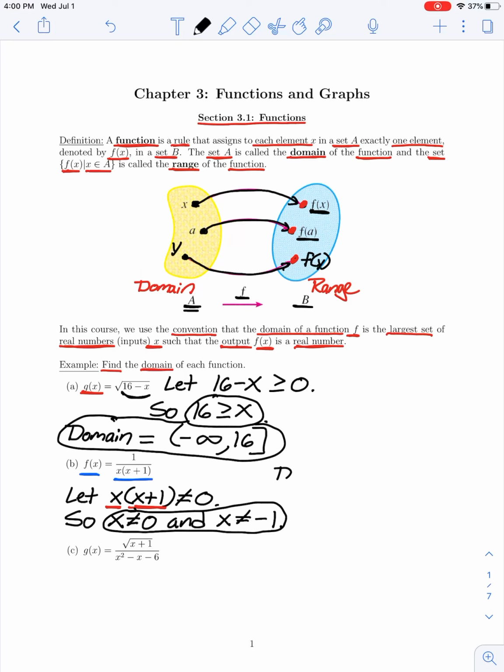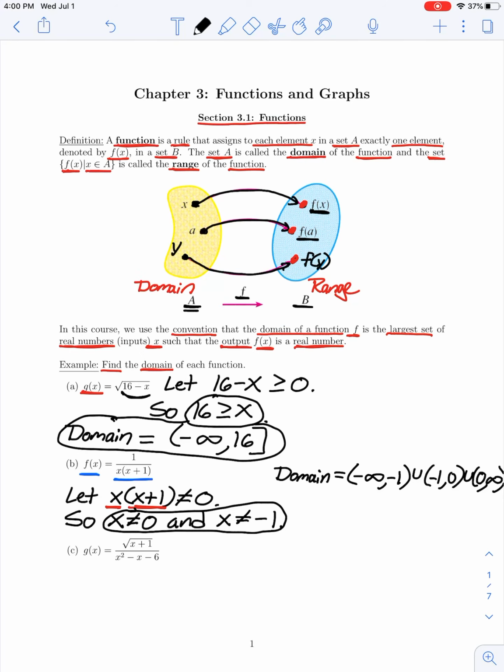Or if we want to write this using interval notation, well, we could take all real numbers except 0 and negative 1. So we could take everything from negative infinity to negative 1, or from negative 1 to 0, or from 0 to infinity.